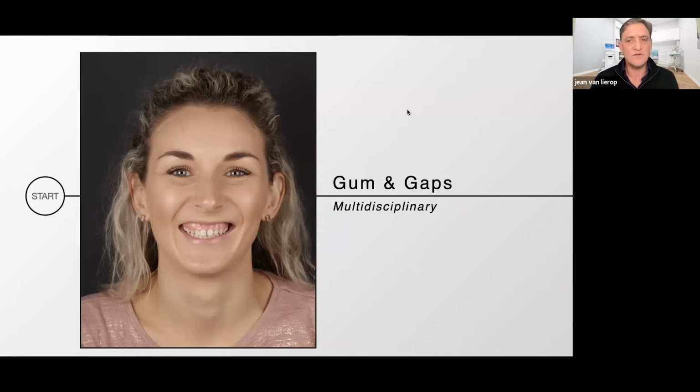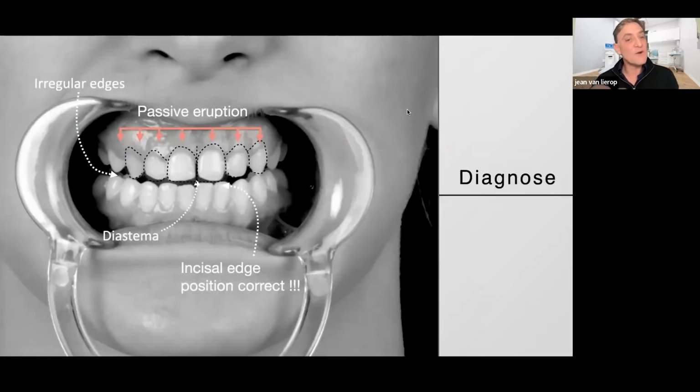And we do the same process. So we go from diagnosis. So we look at what the cause is, what the problems are, and what the key elements are that we need to look at to be able to treat this correctly, driven by function and biology.